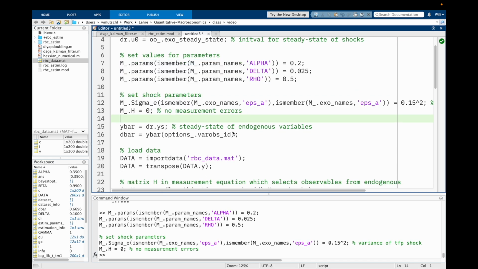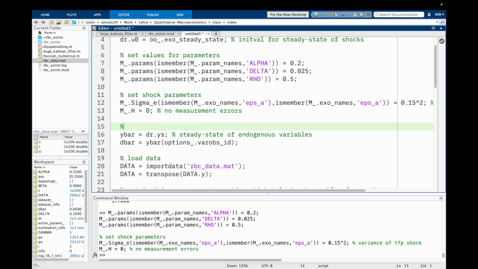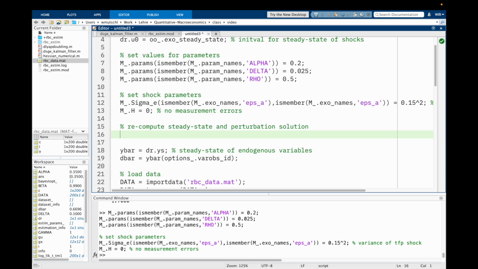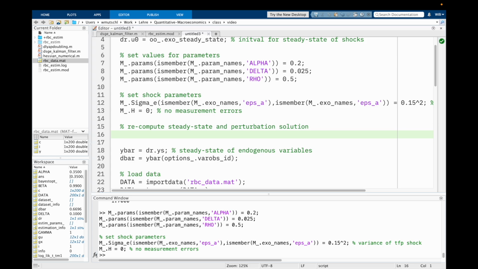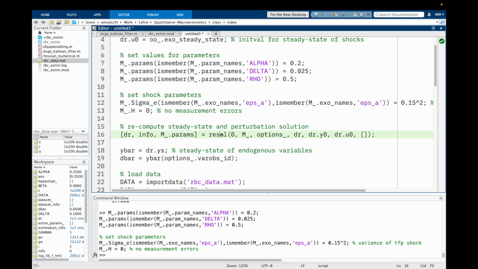Meaning I need to compute or recompute the steady state and perturbation solution. And Dynare has a very simple command for this called resolve. Don't worry about the 0 here. It needs to get information on the parameters.